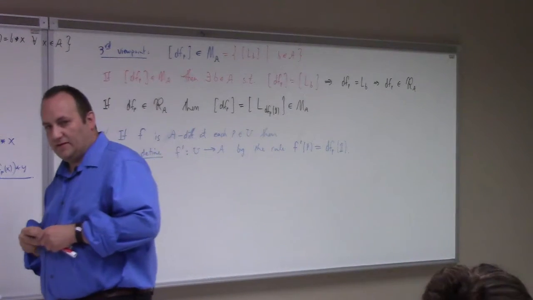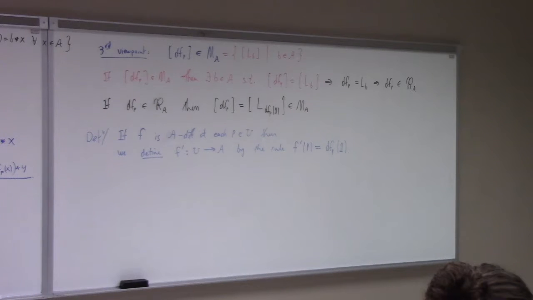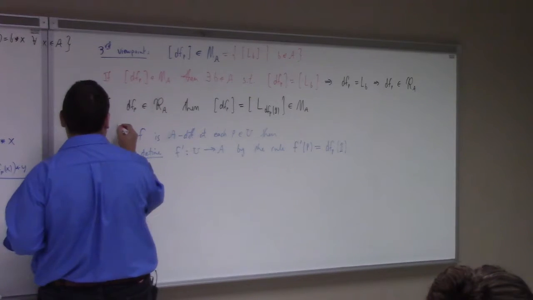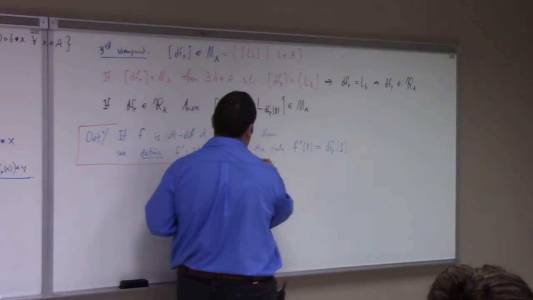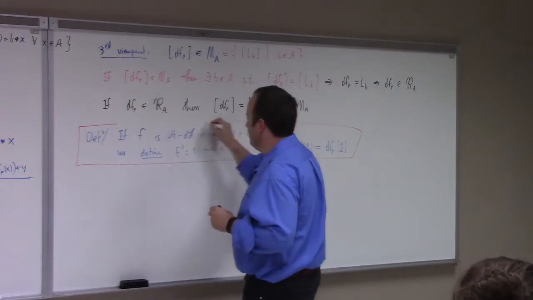So the derivative is the number by which the differential multiplies. So there you go. That's our definition of derivative.